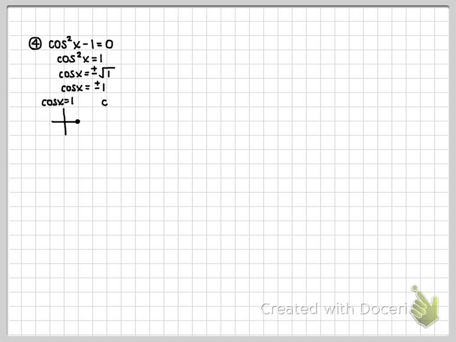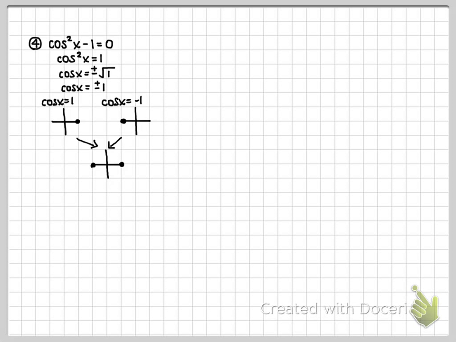If I want cosine of x is equal to negative 1, well, then that puts me on the other end. So I'm over here. If I bring these two graphs together, so I want to see if I can kind of wrap it up somehow. So I'm going to put both of them on the same little graph together. So I've got that and that.